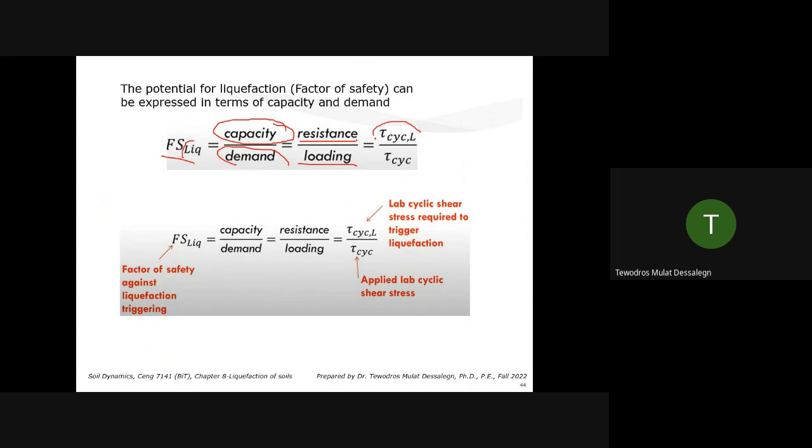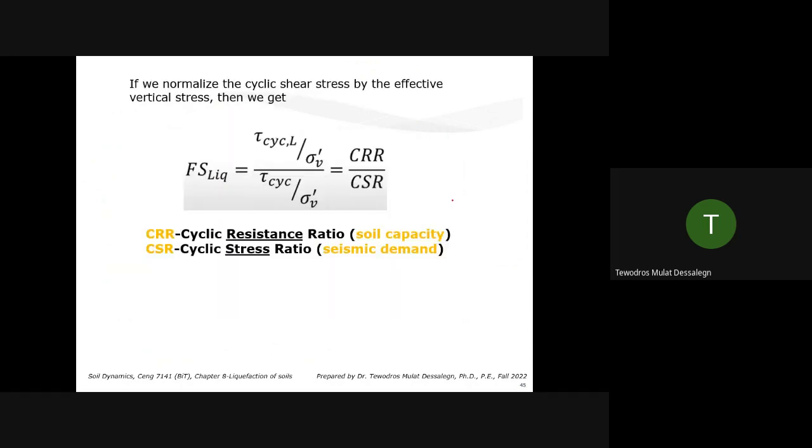It means resistance to loading, the limiting value under cyclic loading. The factor of safety against liquefaction is pretty much the same equation, just with more clarification. If we normalize the cyclic shear stress by the effective vertical stress, then we get the limiting stress, or the capacity of the soil, normalized by the effective stress at any depth.